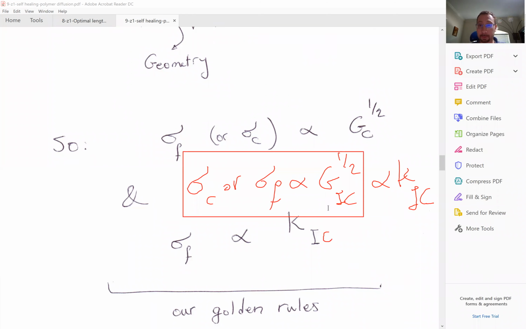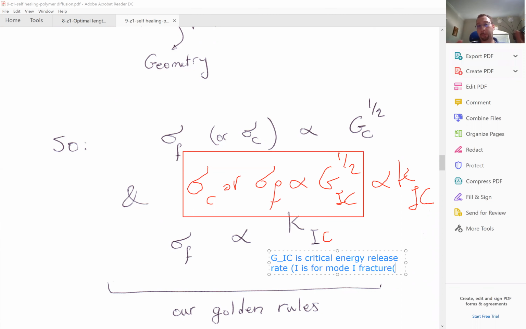G1C is the critical energy release rate, and here 1 is for mode 1 fracture.